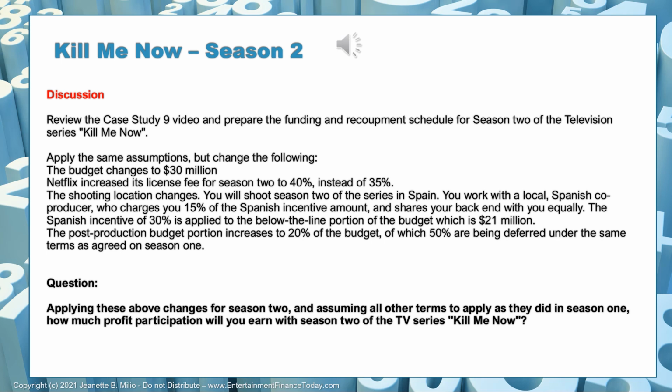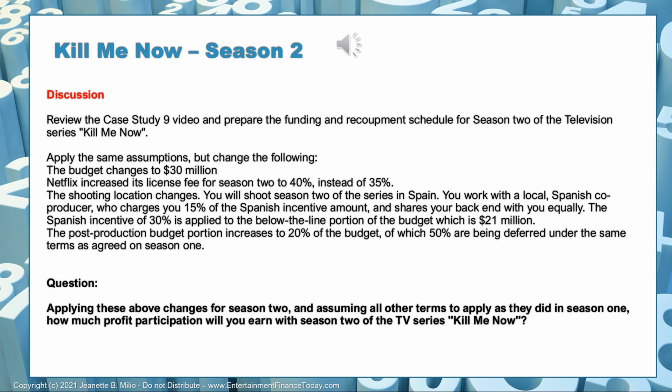So we're going to change the budget to become $30 million. Netflix increased its license fee for season 2 to 40% instead of 35% of the budget. We're changing the shooting location because we're now shooting in Spain, where we work with a Spanish co-producer who's charging us 15% of the incentive, and also again shares the back end with us equally.